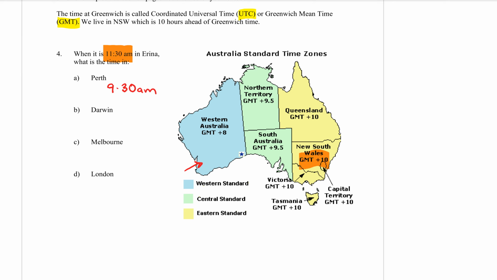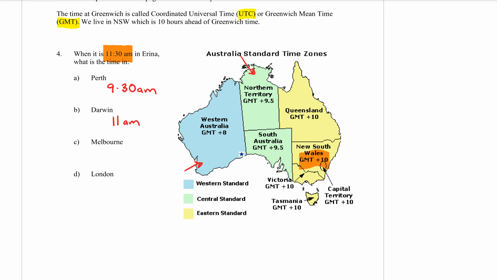Okay, what about Darwin? Now, Darwin is located up here in the Northern Territory. Now, they are at Greenwich Mean Time plus 9.5 hours. Now, remember, we're plus 10, so they're half an hour behind us. So if it's 11:30 a.m. in Erina, it means it is only 11 a.m. in Darwin.